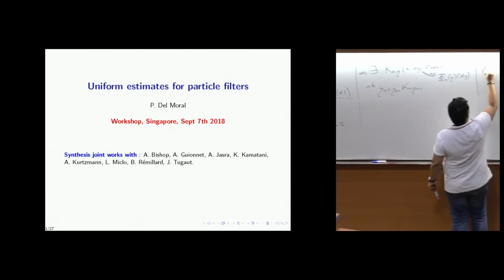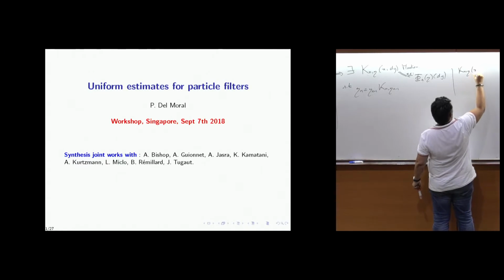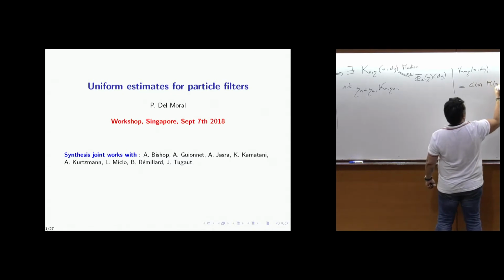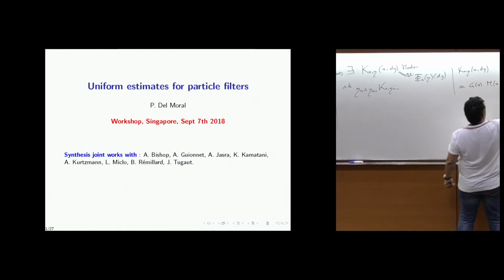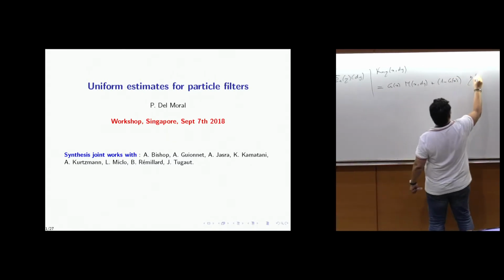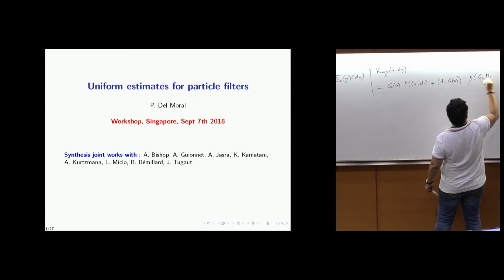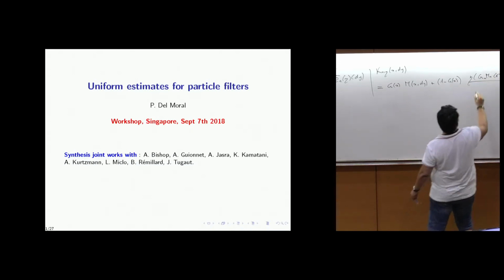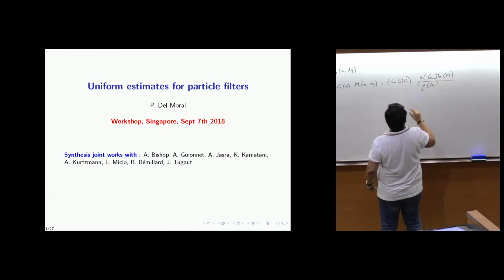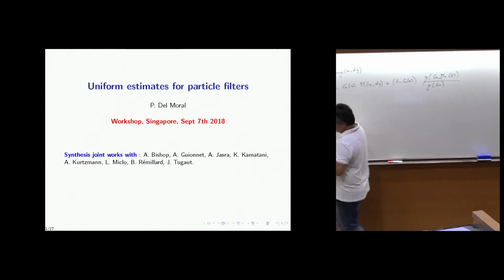In this case, K n eta (x, dy) is g(x) M(x, dy) plus 1 minus g(x) and eta g n M. No, it's not well defined here.